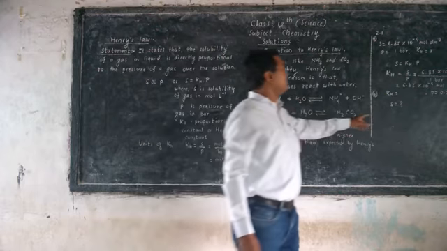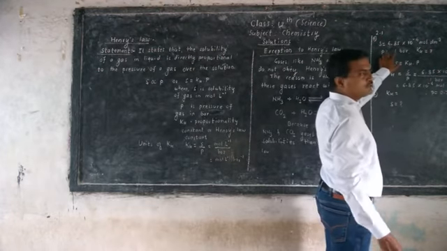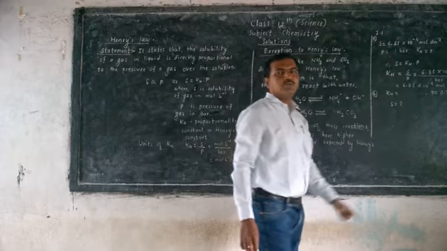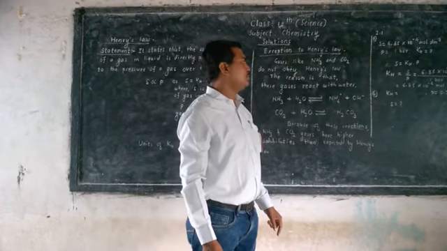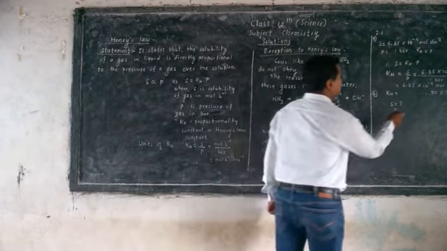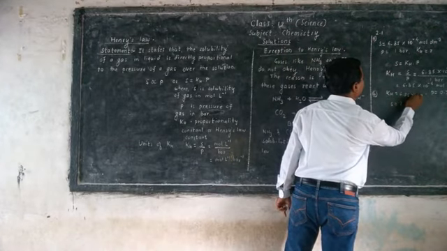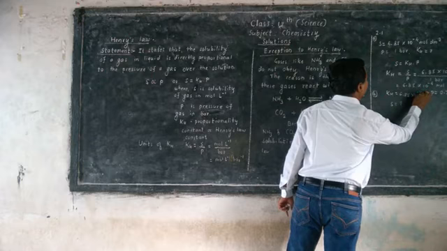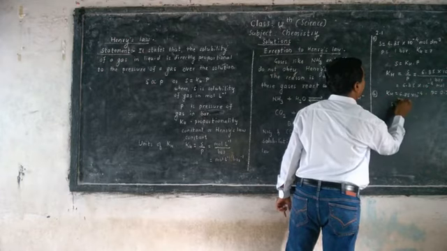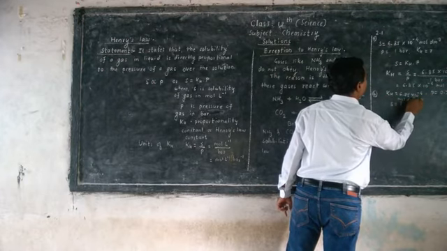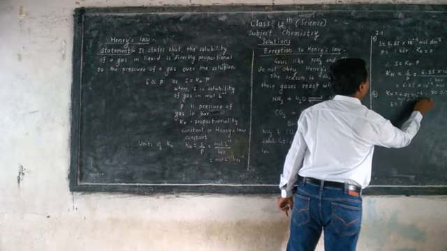In the first problem pressure was 1 bar and here pressure is 0.75 bar. So Kh equals 6.85 into 10 raised to power minus 4 mole per decimeter cube per bar.